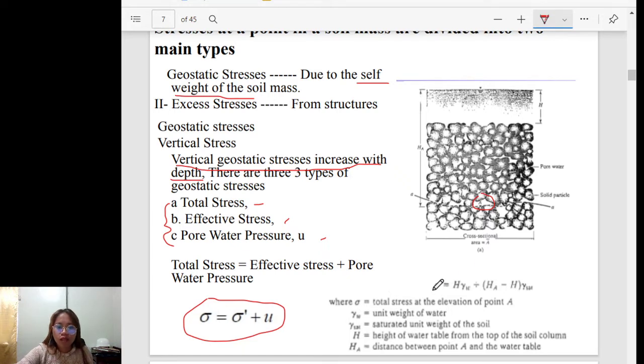So the total stress is equal to the height h times the unit weight of the water, denoted as gamma sub w, plus ha.